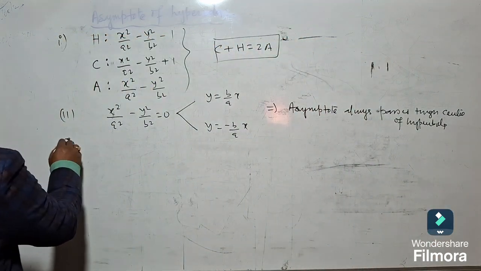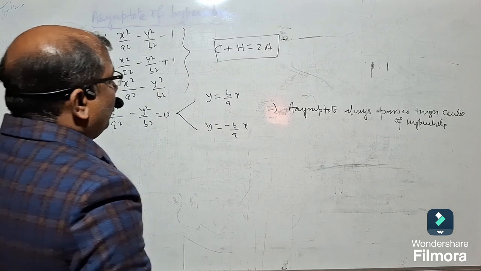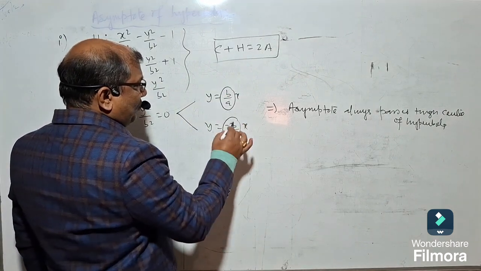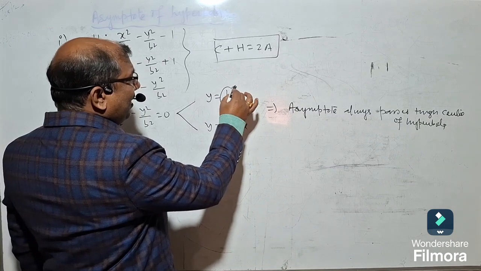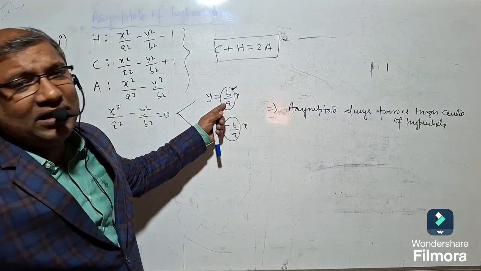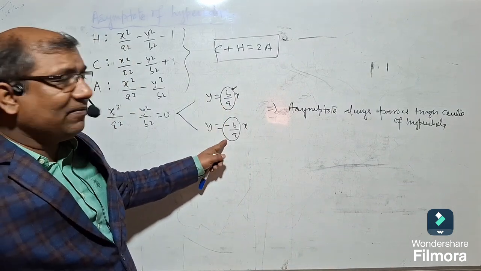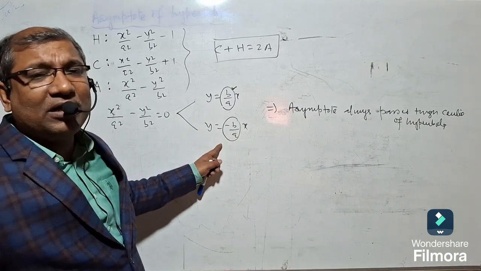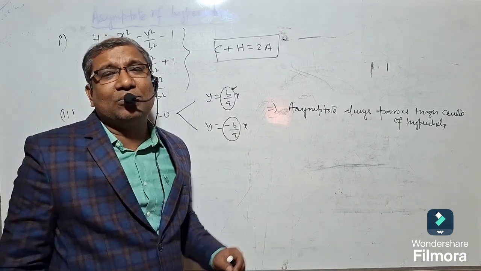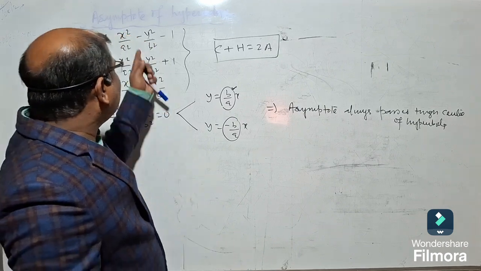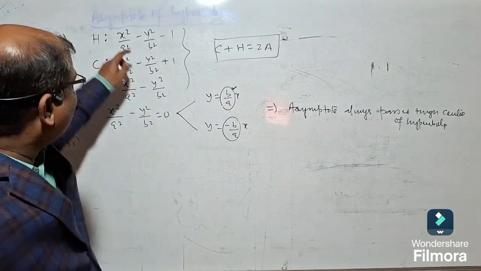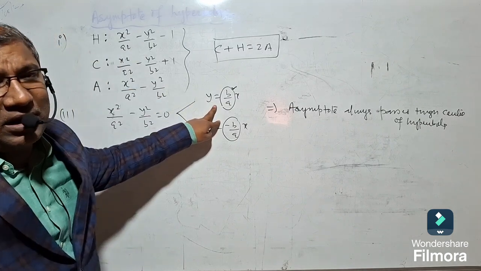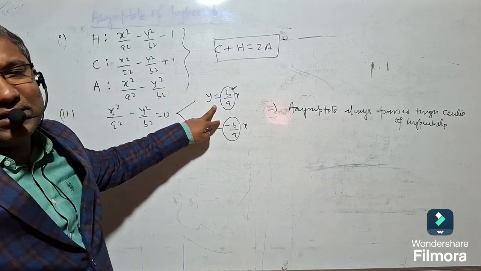Now third point is, slopes of the asymptotes are b by a and minus b by a. So if one is making an angle of tan inverse b by a in anti-clockwise direction, the second will make the same in clockwise direction. So we can say that asymptotes are equally inclined with the axes of the hyperbola, because the x-axis and y-axis are the axes of the hyperbola, and these two asymptote lines are equally inclined with the x and y-axis.